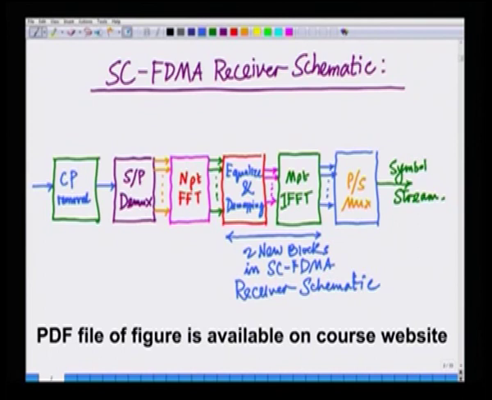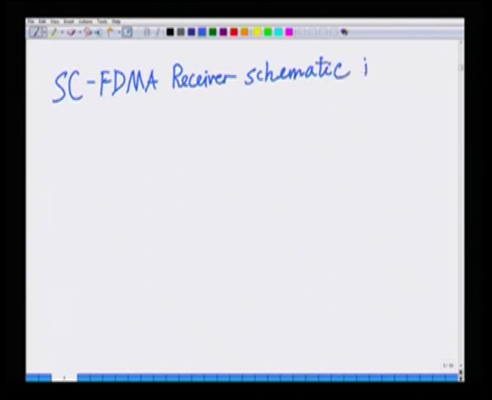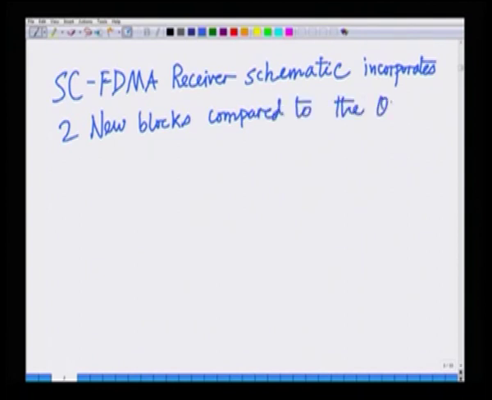So the SC-FDMA receiver schematic incorporates two new blocks compared to the OFDM.